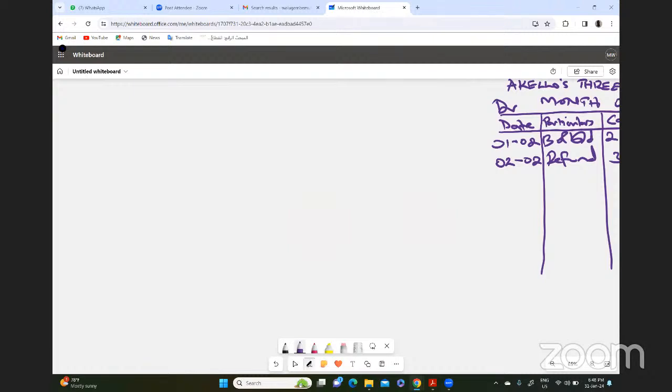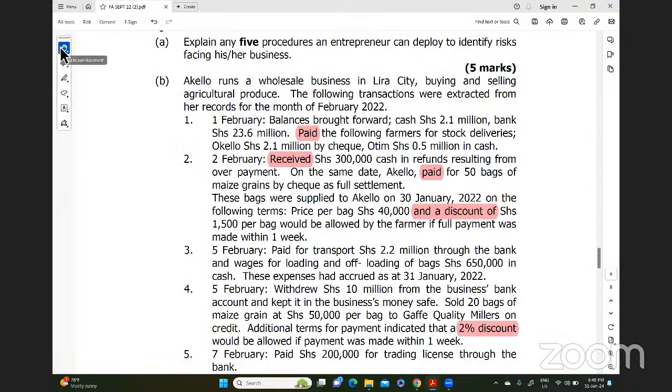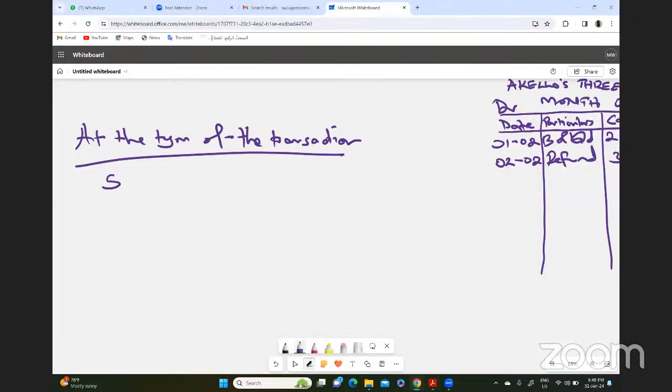Now, at the time of the initial transaction, what happened? Akelo bought. She bought how many bags? She bought 50 bags, each at 40,000.